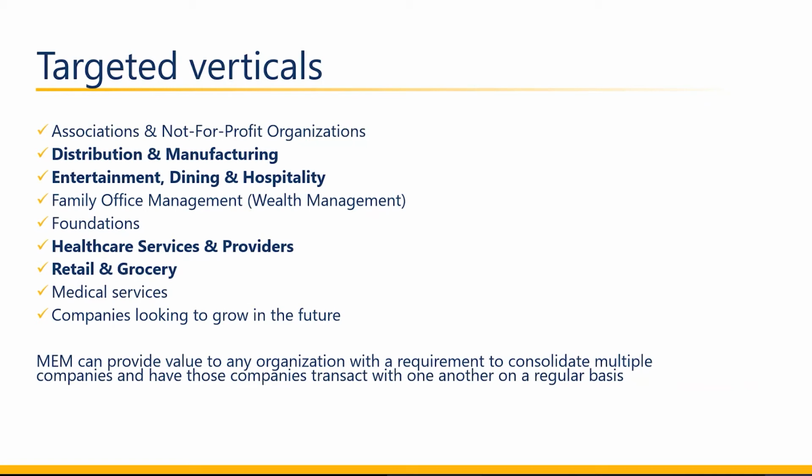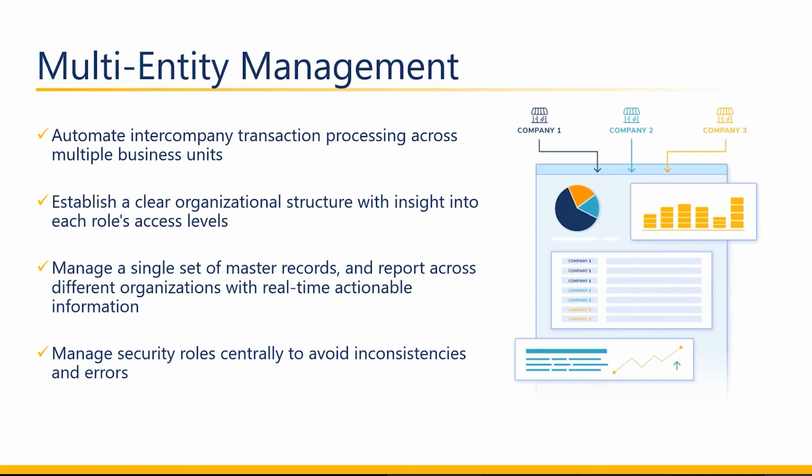So here are some of the verticals that we've had success in the past, and some that we continue to focus on moving forward. And then just a basic rundown of some of the functionality.